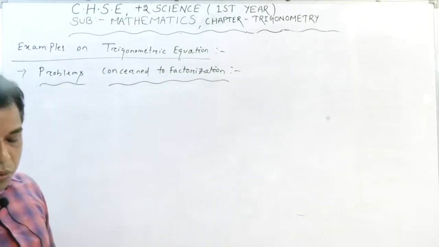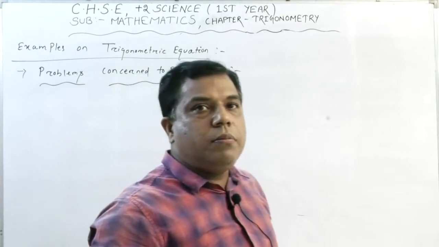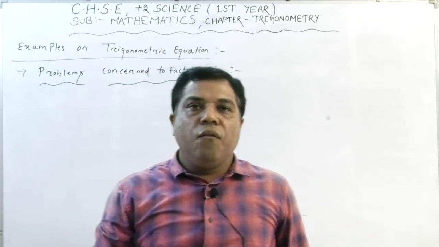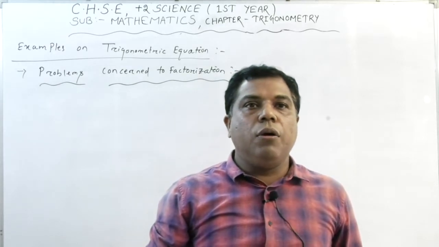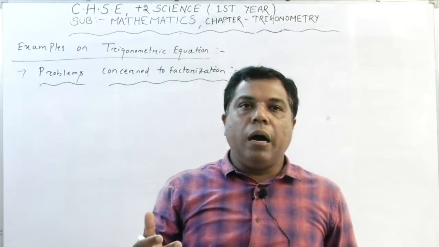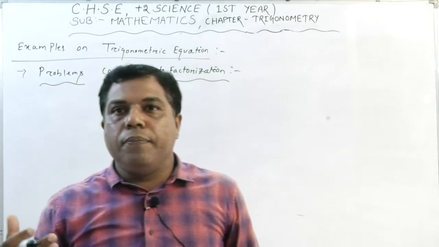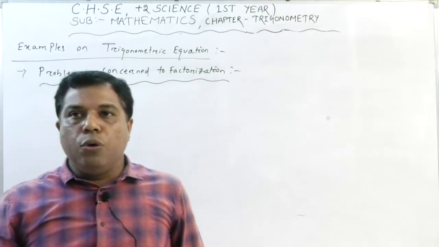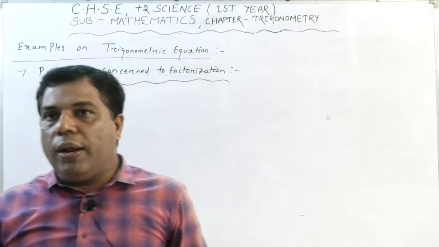Here we have to factorize the given question and get the value of the required unknown general value.